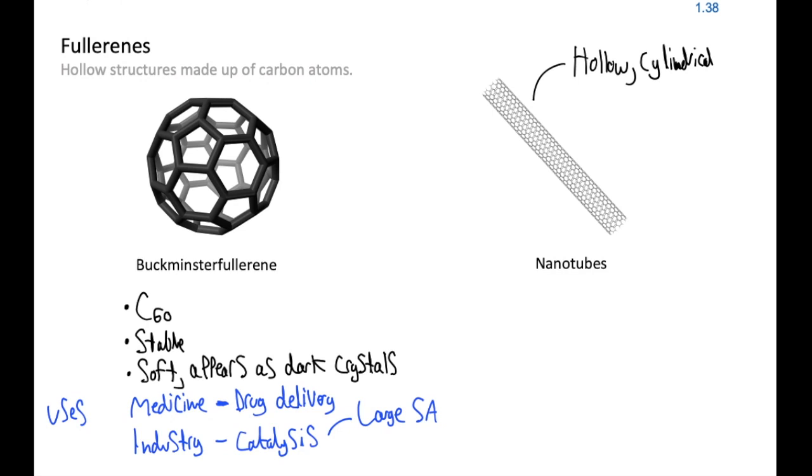This means the length of the tube, the distance from here to here, is massive compared to the distance from one side of the tube to the other through the center, like this. So they're basically very long and skinny.